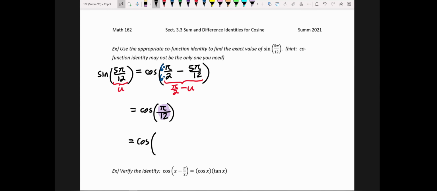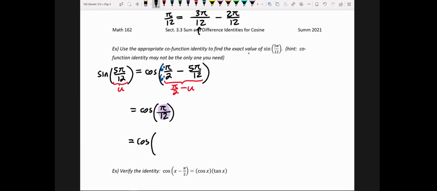Pi over 12 is going to be 3 pi over 12 minus 2 pi over 12, because 3 pi minus 2 pi is pi, denominator 12.